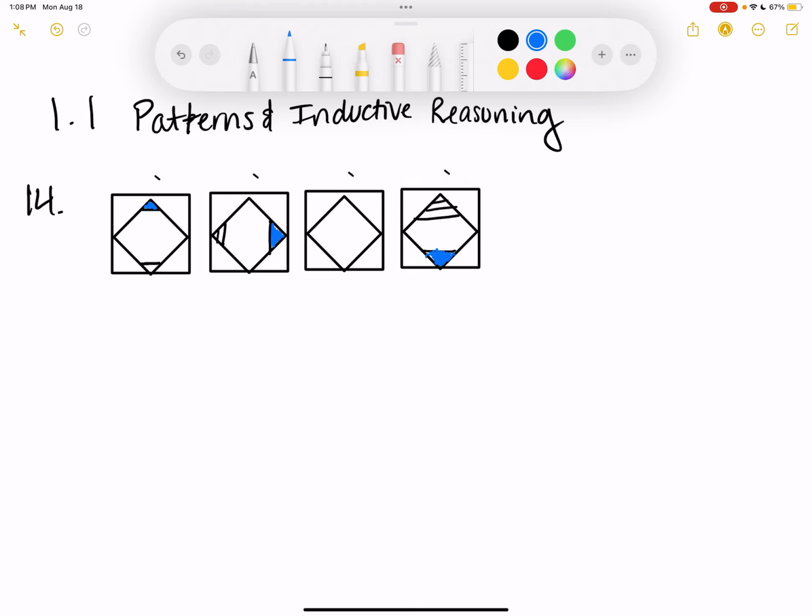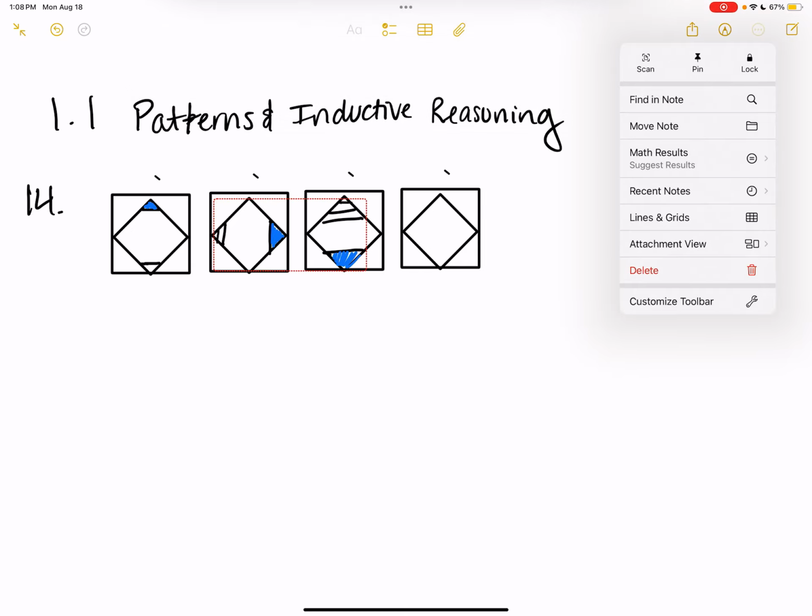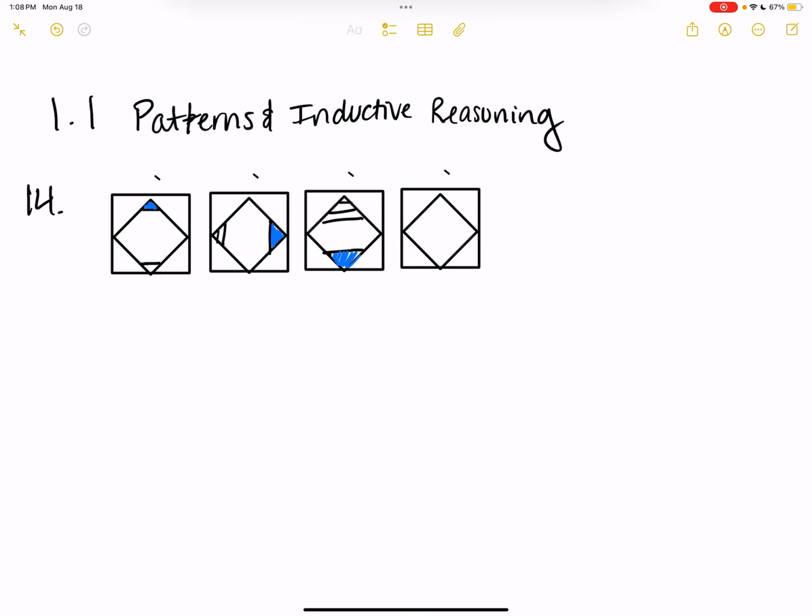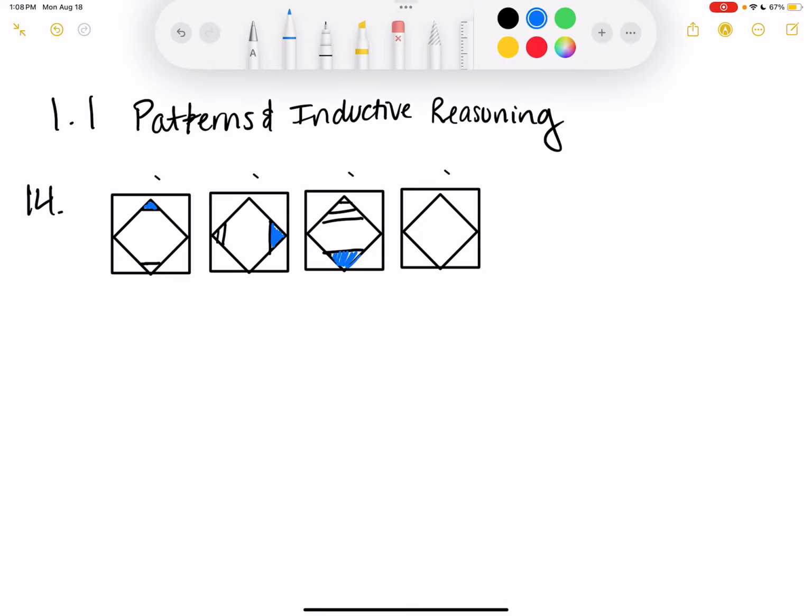Oh, I skipped one. Oops. Back it up. 1, 2. There we go. So now what I'm doing is I want to find out what this 4th box should look like.